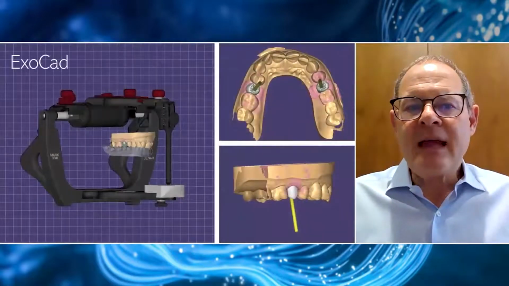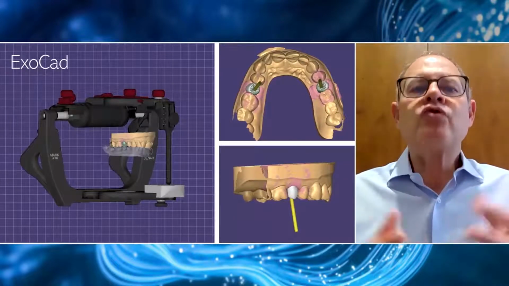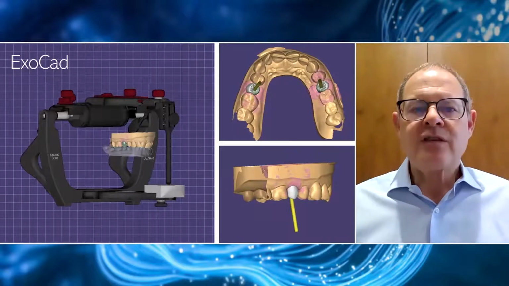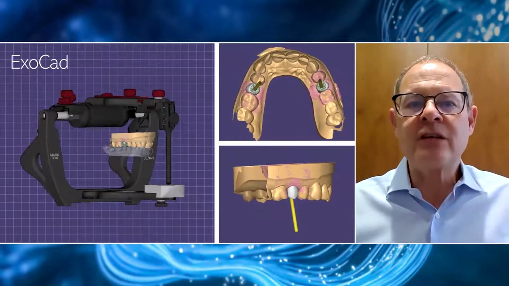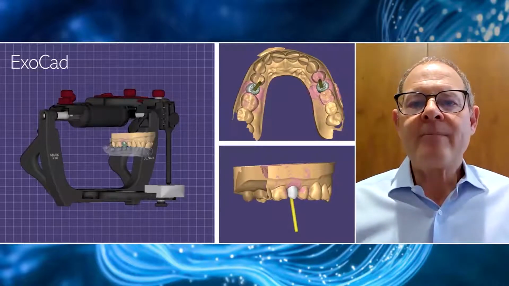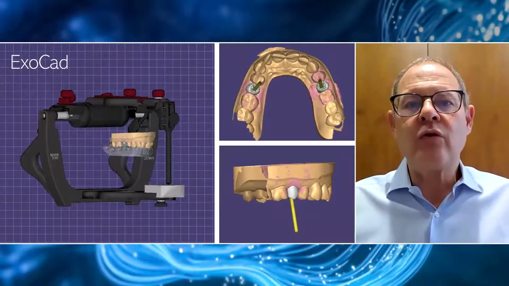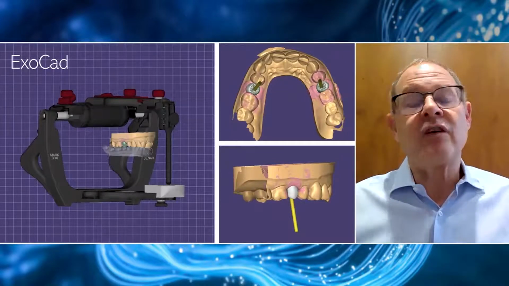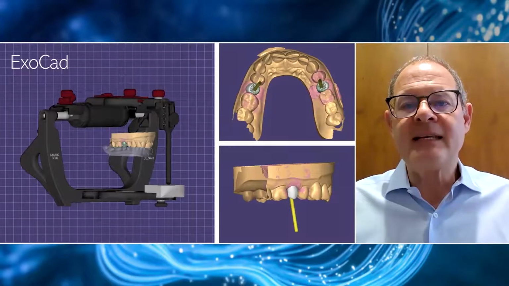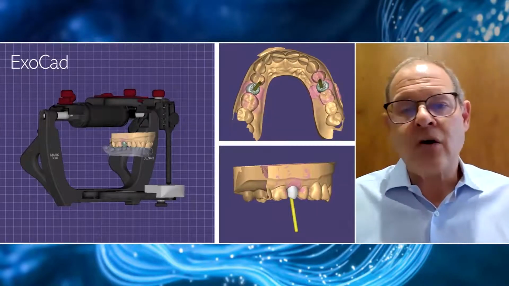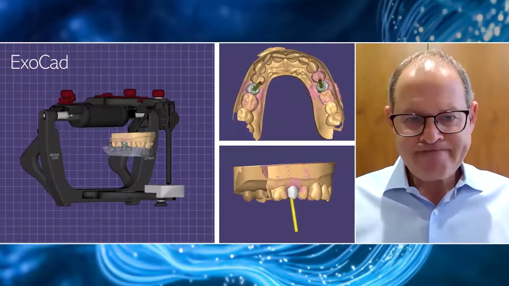And the other thing to say is that in the laboratory, the technicians are also working in the digital world. So we're utilizing ExoCAD for digital articulation, and also to fabricate fully contoured or three-quarter contoured zirconia crowns that can then be layered on the buccal surfaces with porcelain, depending, I guess, on one's technician's preferences.